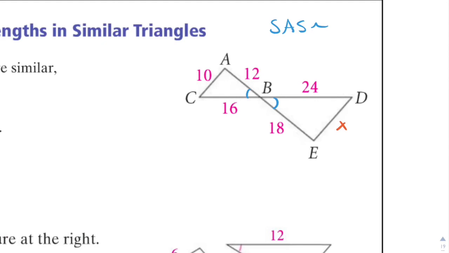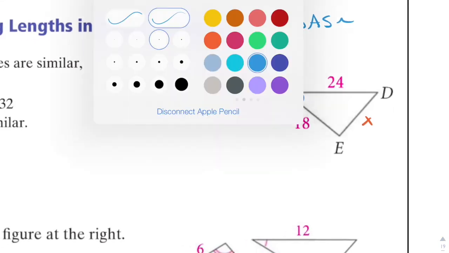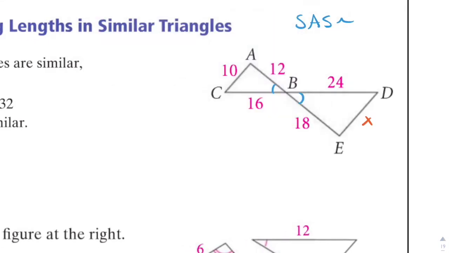That makes it easier for me to figure out how to set up my proportional ratios. I'm going to stick to both sides of that angle and keep that angle included to see what my ratio looks like. So if I were to take the number 12 in this triangle, notice that 12 is a shorter distance than 16.